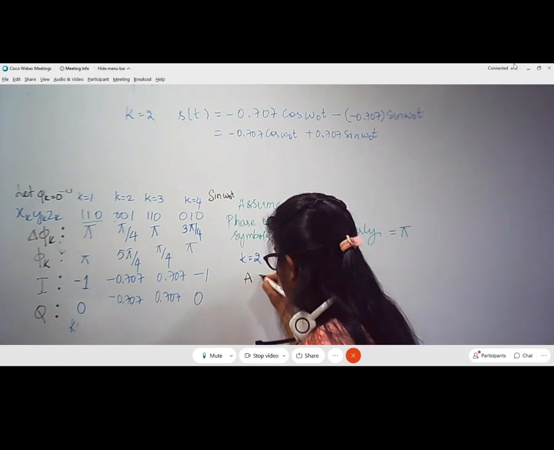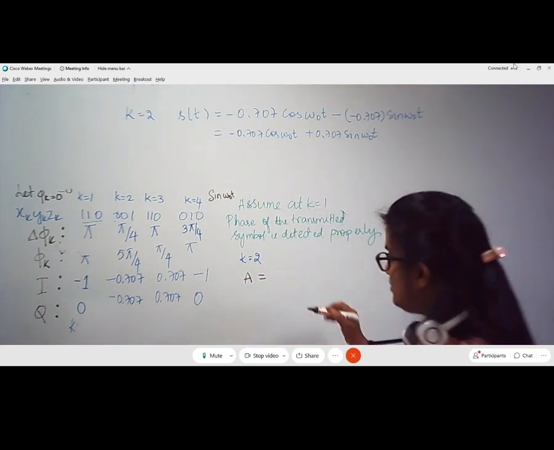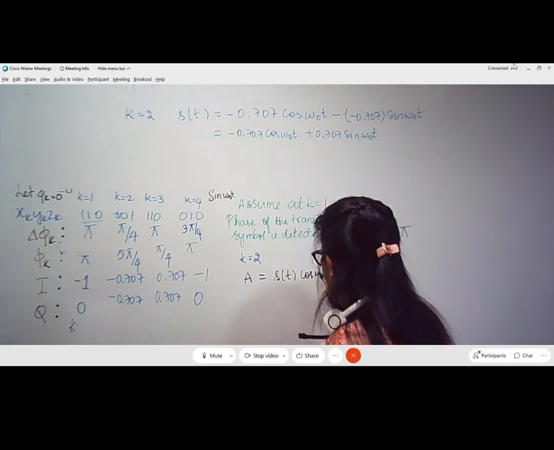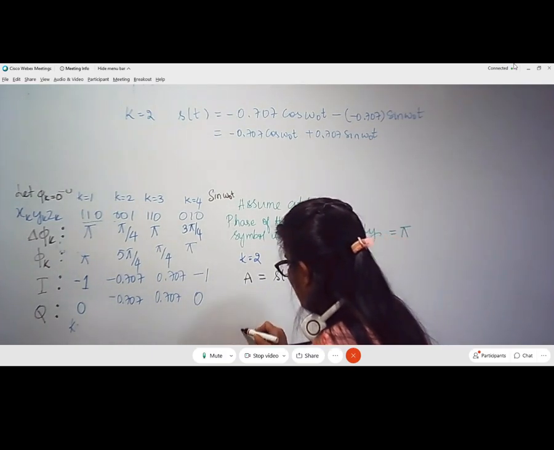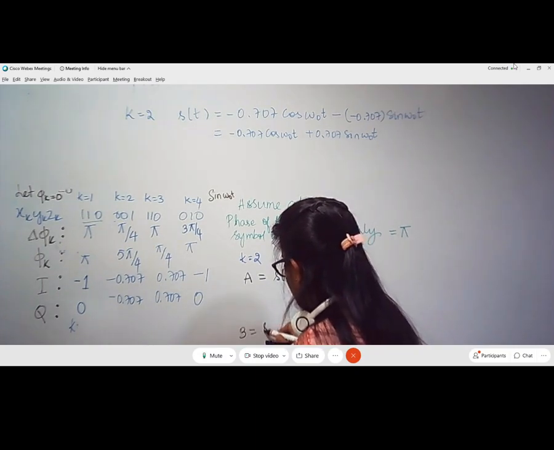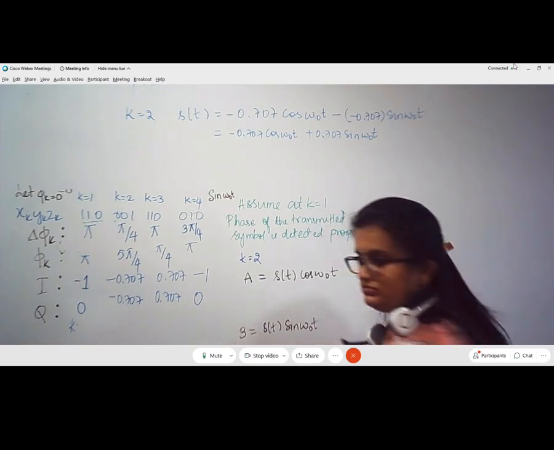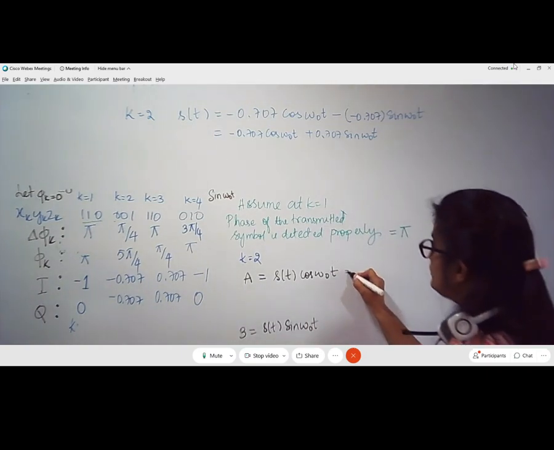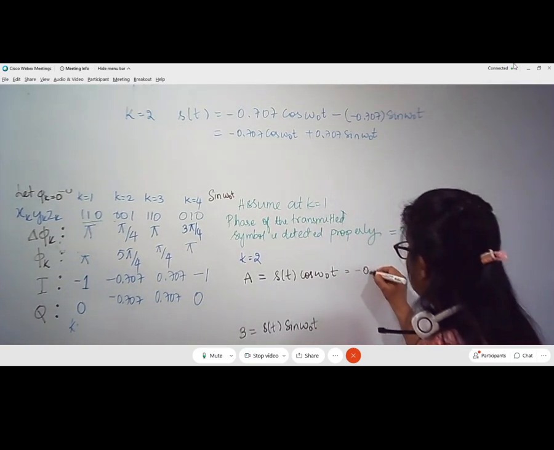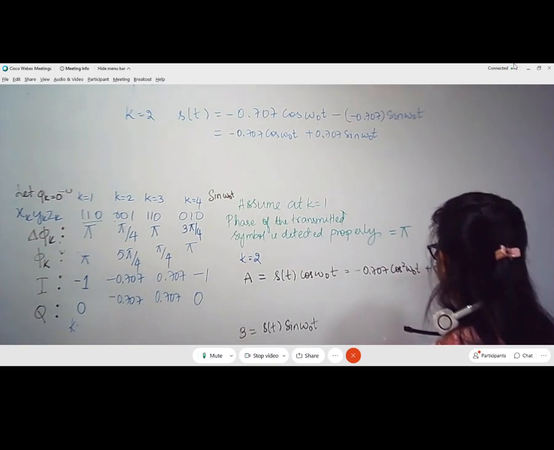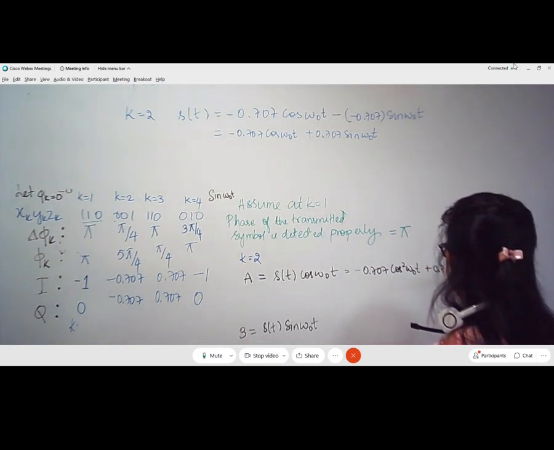So now at the receiver, what will happen? At point A, you're going to multiply this S of t with cos omega naught t, and at point B, you're going to multiply this S of t with sin omega naught t. When you do that, you're going to obtain minus 0.707 cos square omega naught t plus 0.707 sin omega naught t into cos omega naught t.